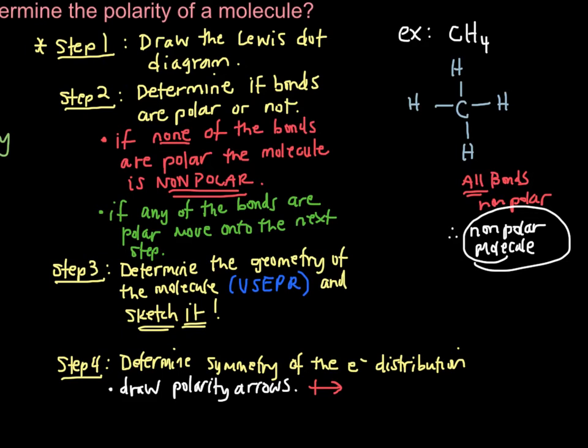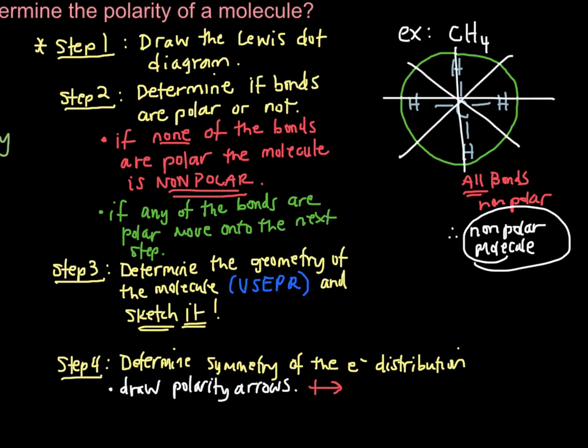Really what that means is that the electrons are distributed around this molecule pretty evenly, so that if you were to cut it this way or this way or this way or this way, it's symmetrical, or the electrons are distributed symmetrically all the way around.